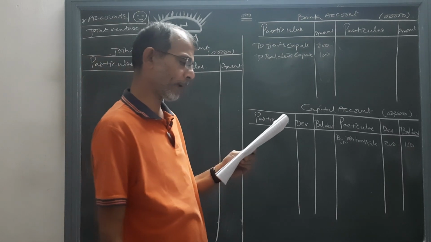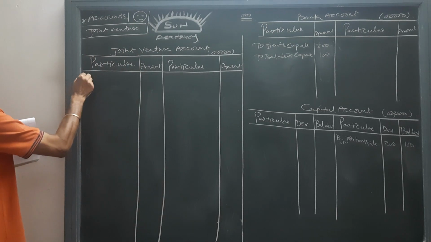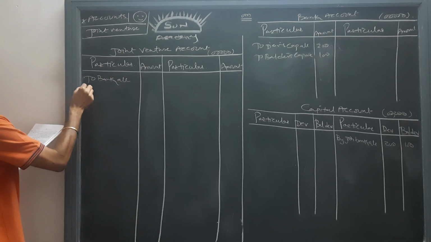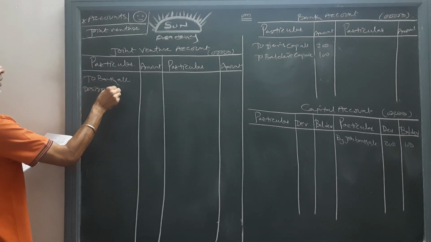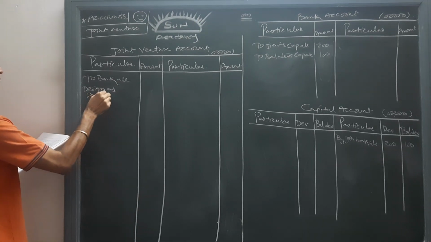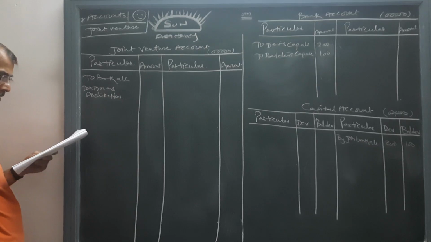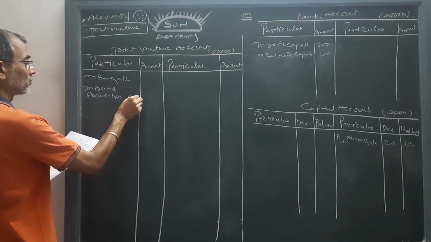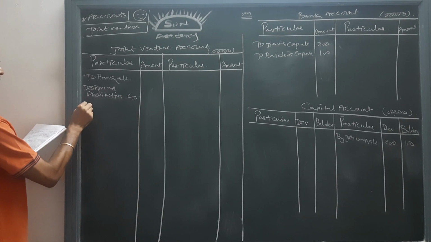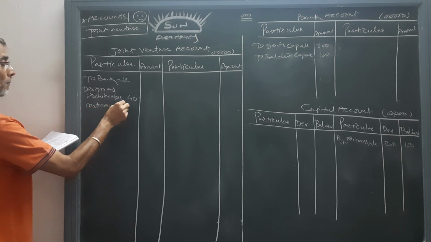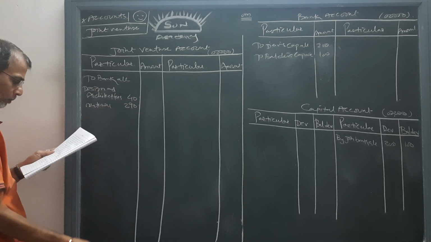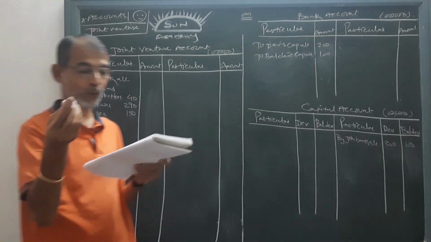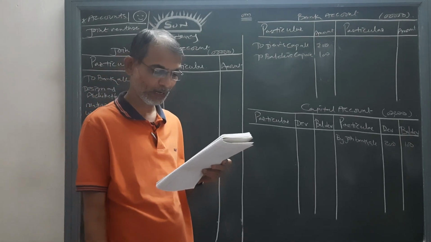Now expenses paid from bank are, so the bank account: design and architect fees, that is 40, material 290, wages 150. As you know, all figures are divided by 1 lakh.